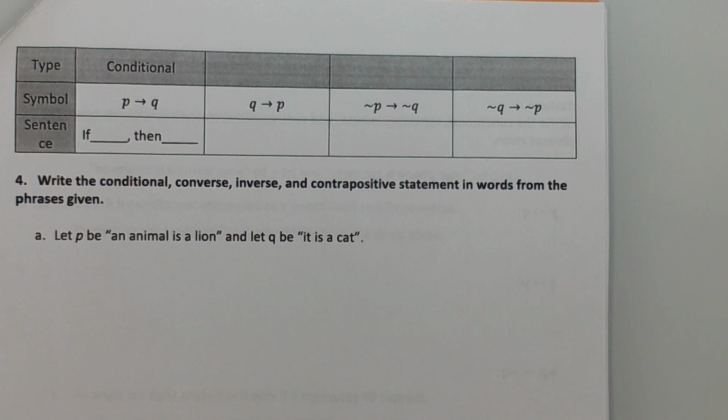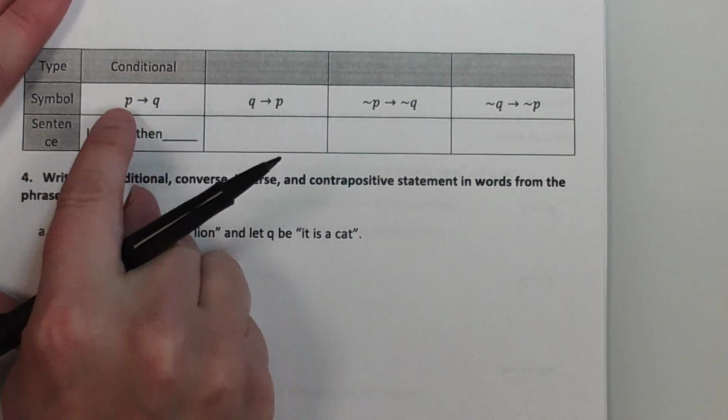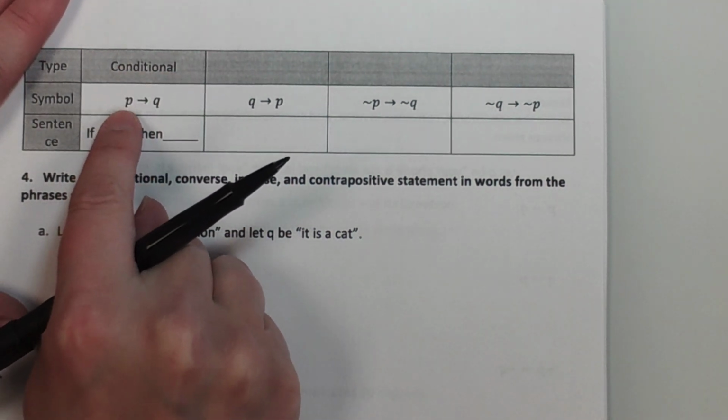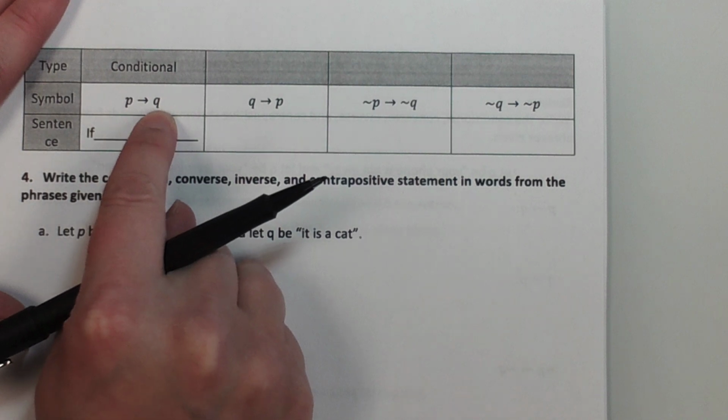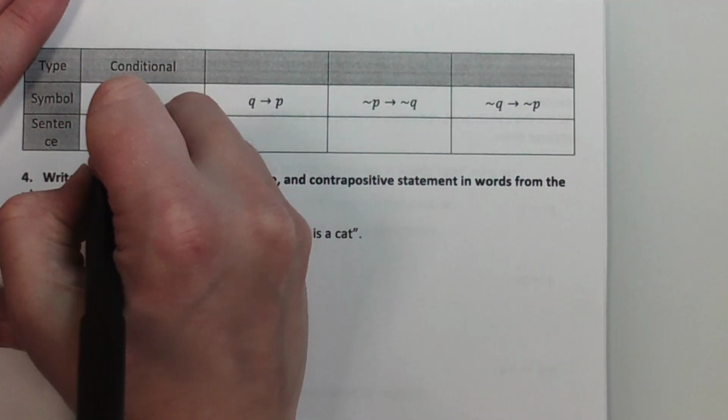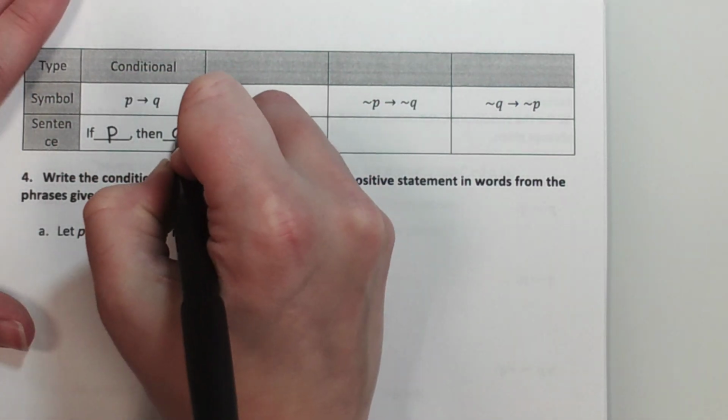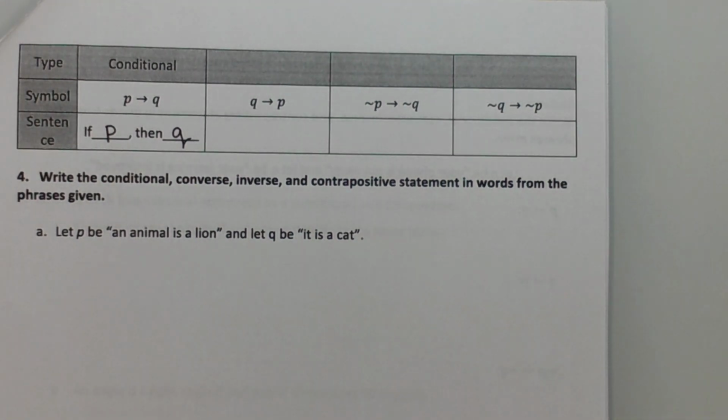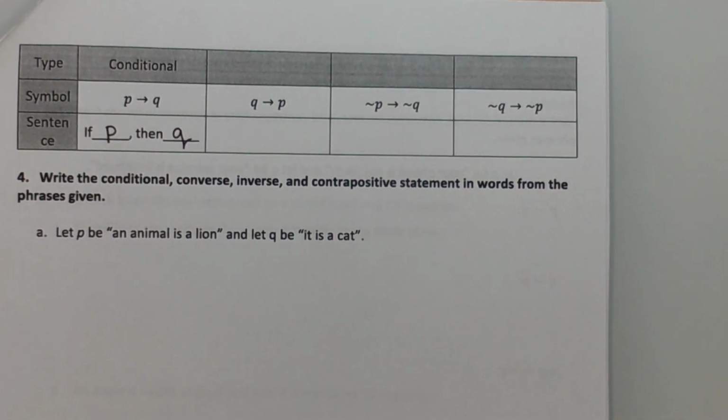Taking a conditional statement and modifying it a couple of very specific ways creates a different conditional statement that sometimes will be true and sometimes will not. A conditional statement symbolically can be written as P with an arrow to Q, which really just means if P then Q, where P and Q are just placeholders for smaller statements that you fill in.